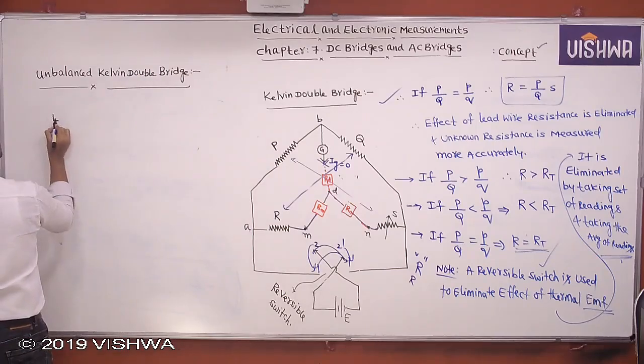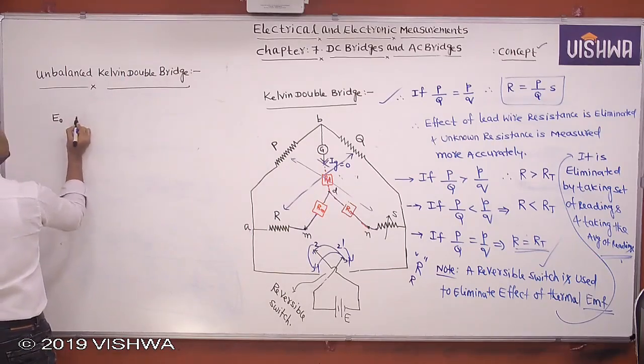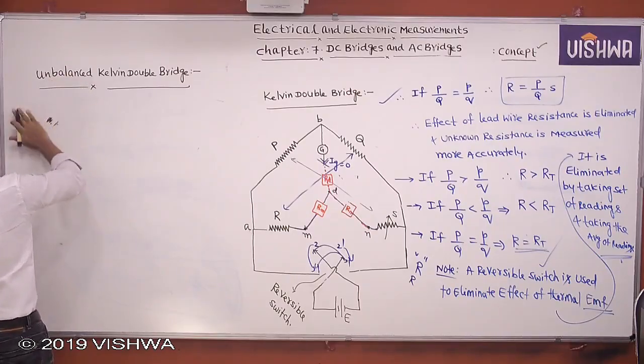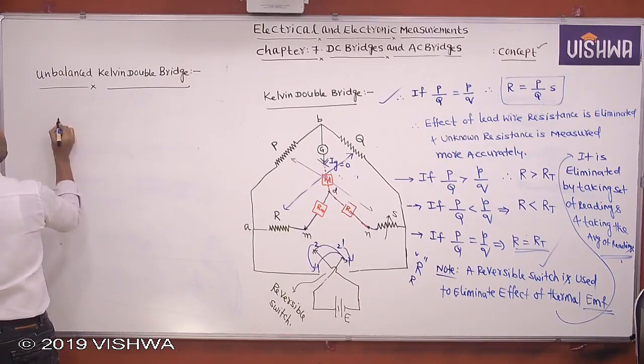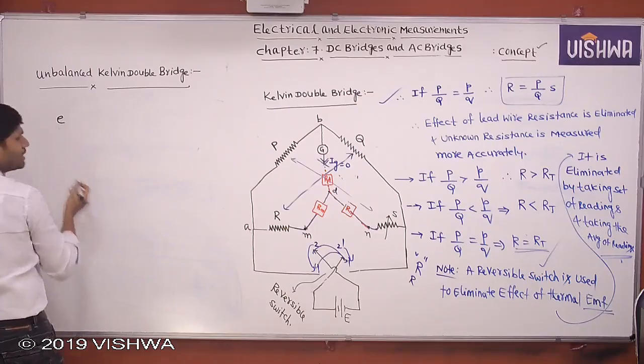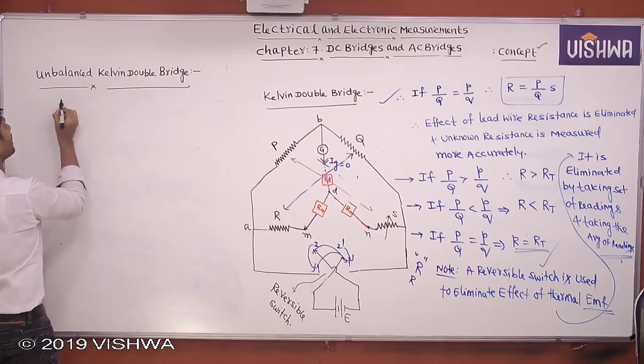Let small e be the voltage across the galvanometer under unbalanced condition.